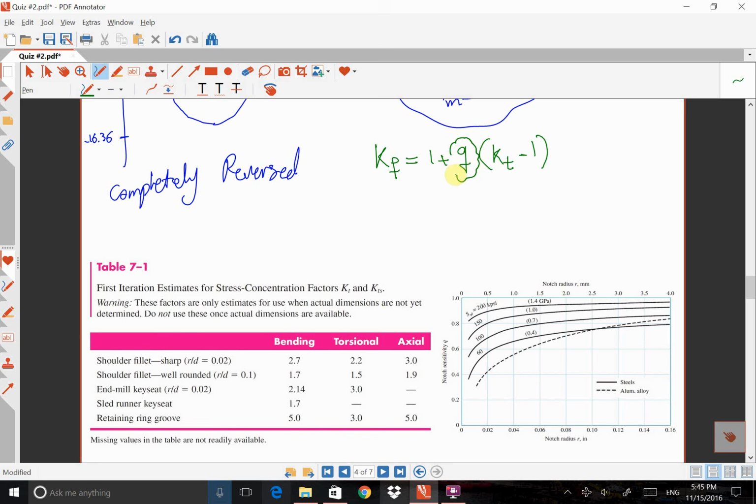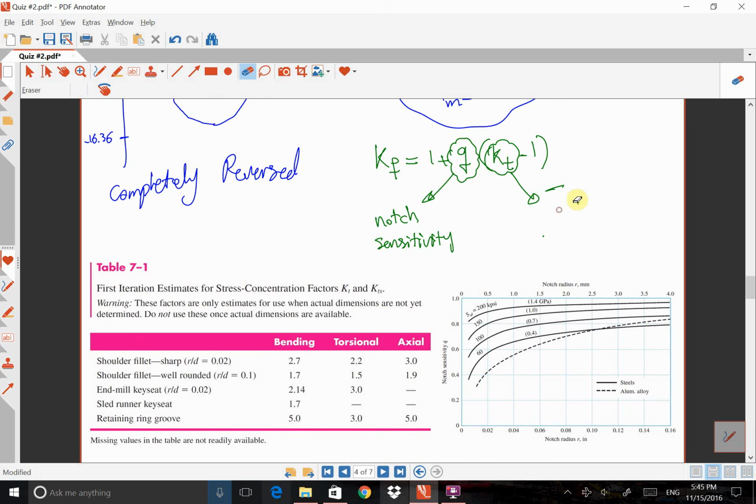And this q is the notch sensitivity, and this Kt is the theoretical stress concentration factor.